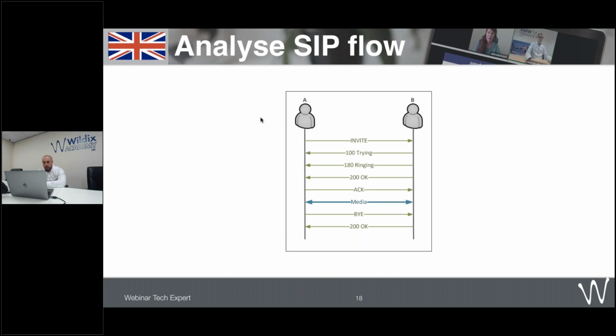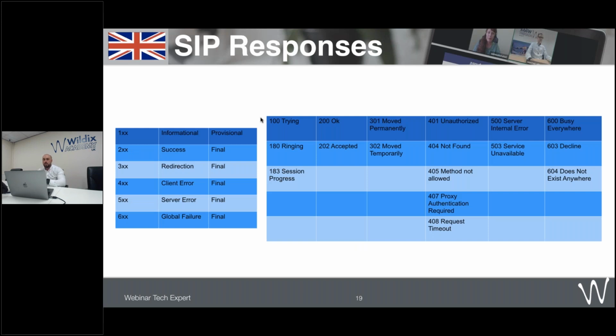Okay, so some SIP responses. When you see 100, those are informational messages. So 100 Trying, 180 Ringing, 183 Session in Progress. 200 messages are okay, acceptance, they're success messages. 300s are redirection messages. 400s are client errors, so things like 404 Not Found.